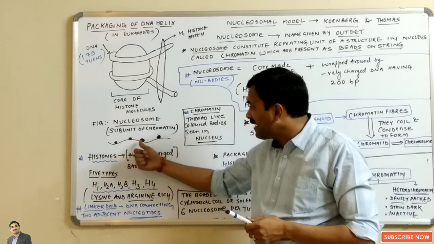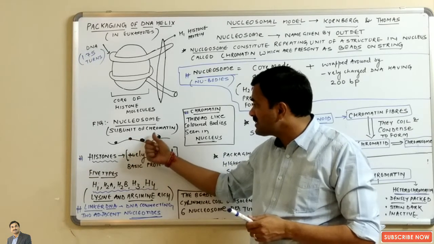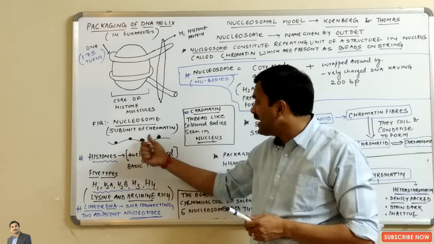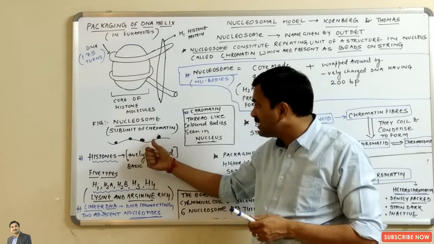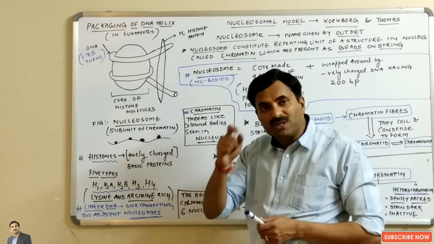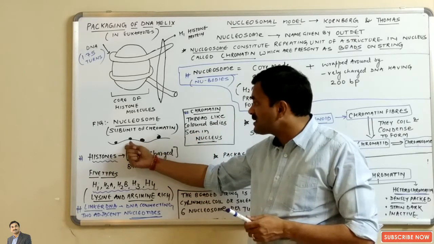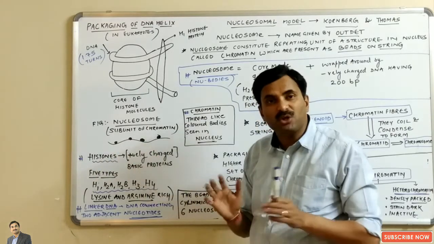Say I have made a thread-like structure. This thread-like structure is the chromatin, right? And on this chromatin you can see certain bead-like structures, and these structures are called nucleosomes.